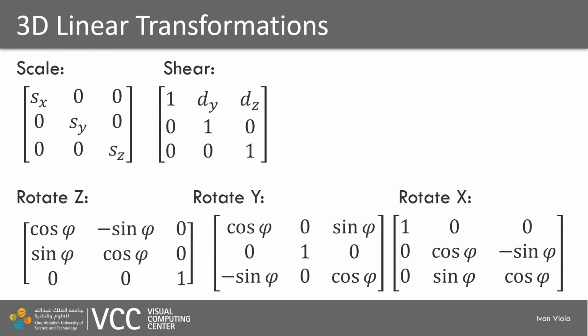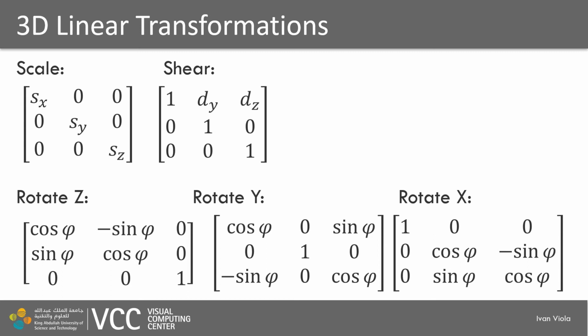After we have sufficiently discussed the 2D transformations, let's have a look at 3D linear transformations, which can also be expressed through matrices, but obviously these matrices will no longer be 2 by 2 matrices, but 3 by 3 matrices.